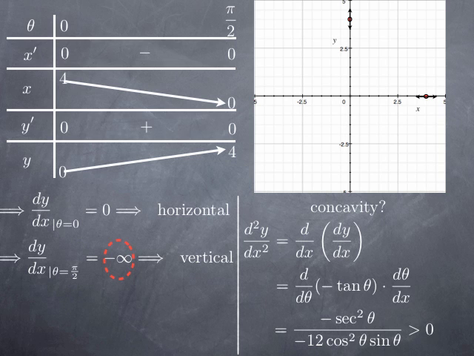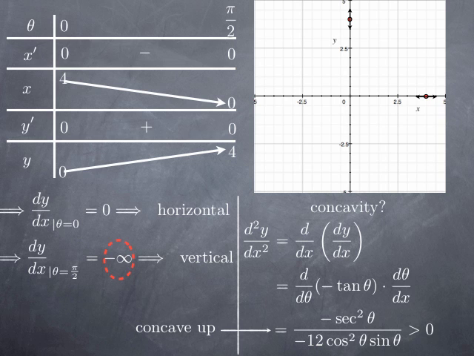In any case, we get something positive, because we are restricted to the interval 0 to pi over 2, so cosine and sine are both positive, at least on the open interval. And so we have something negative over something negative, we get something positive. A positive second derivative here, this d2y over dx2, means that the curve is concave up on the open interval from 0 to pi over 2.